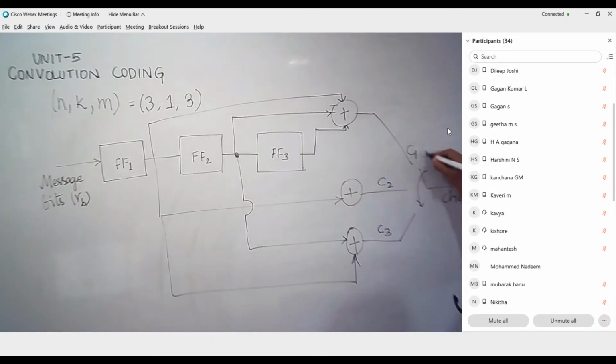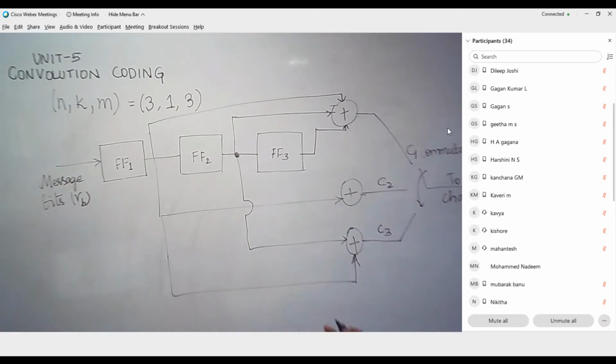So this is a commutator arrangement again. This is the commutator arrangement that we are going to have in order to obtain these encoded bits and then transmit them over the channel. So C1, C2, C3 are the coded bits.